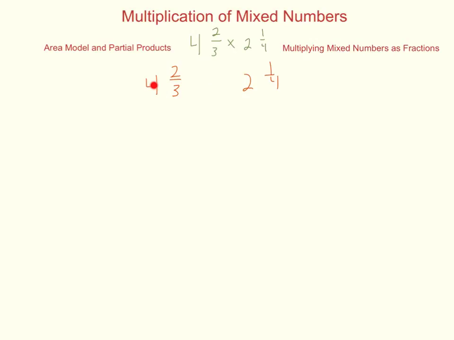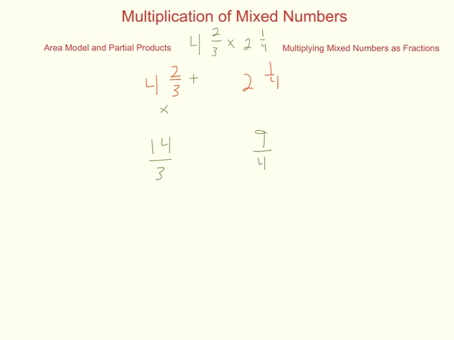Again, we take the whole number times the denominator plus the numerator, which is going to give us 4 times 3 plus 2, which is 14/3. Then for 2 and 1/4, 2 times 4 is 8 plus 1 is 9. And again, the denominator stays the same, so 9/4.